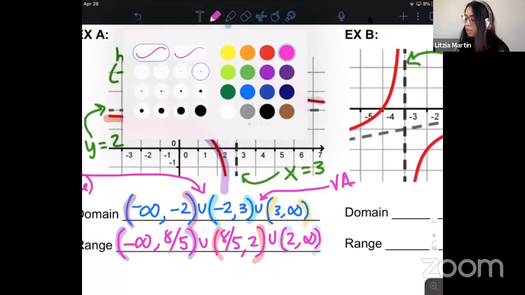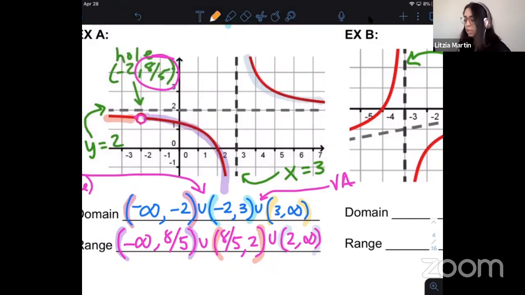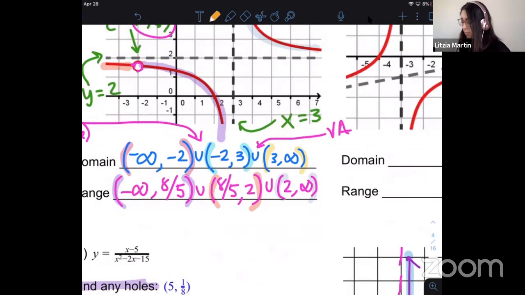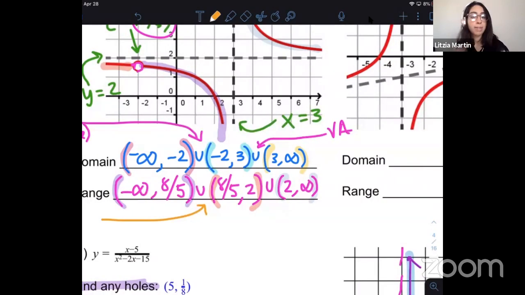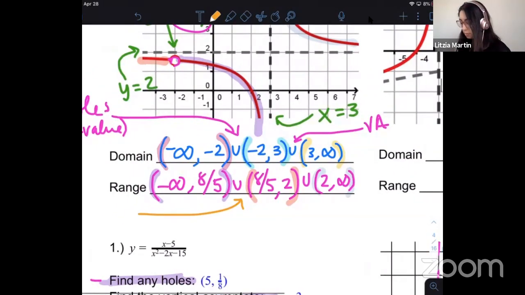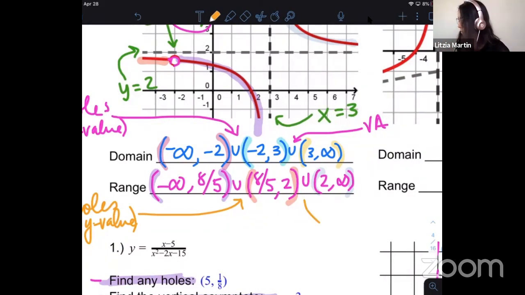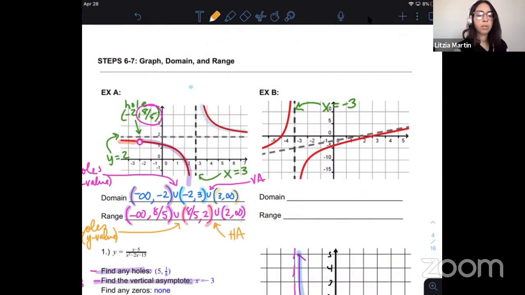In this case, and in all of our cases for range, it's going to be the y value of the holes, and then it's going to be the horizontal asymptote. So if you ever have a horizontal asymptote, then that's going to automatically break up your range.